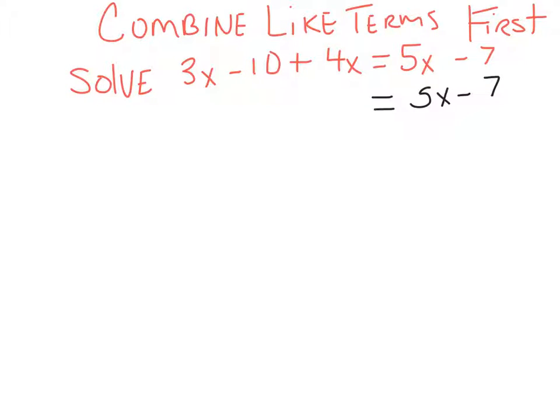But we do have 3x and 4x on this side, so we end up with 7x minus 10. So now we've combined those two terms. Now we can get rid of the, that's my dog, over here. So these two cancel each other out. We add that over here to this equation.